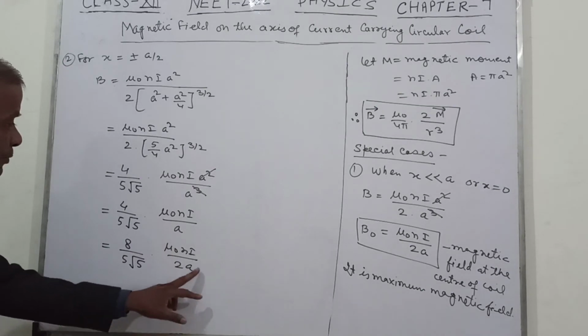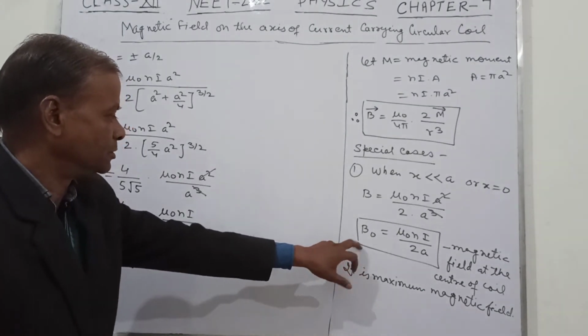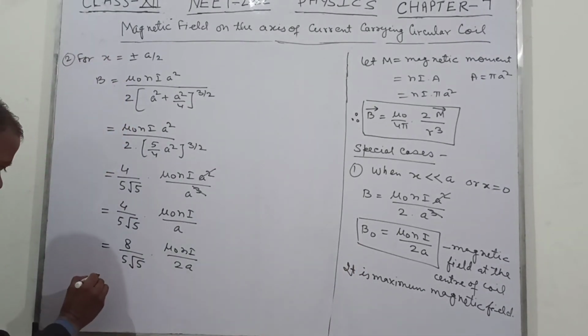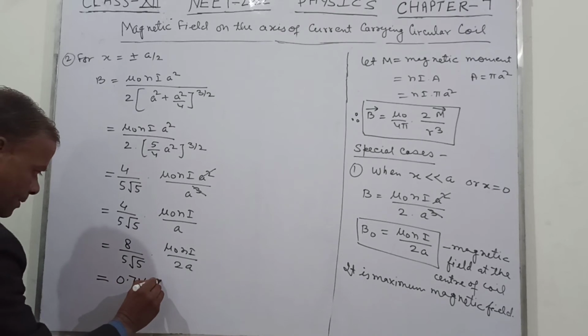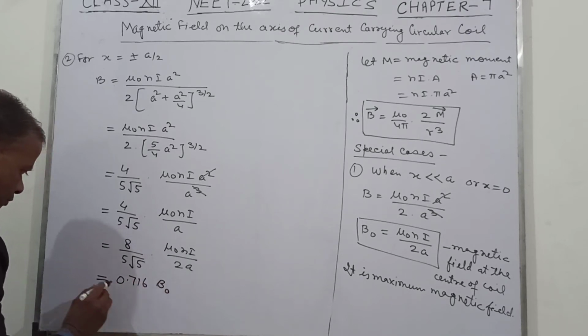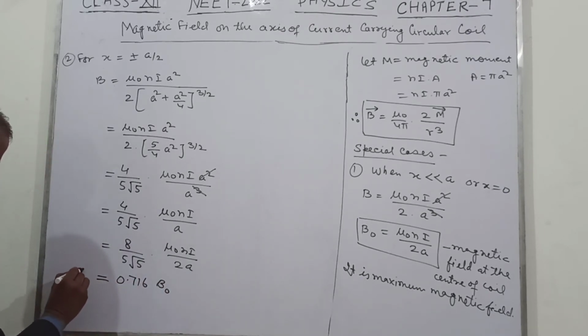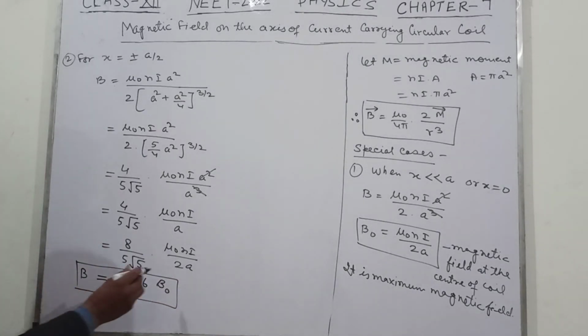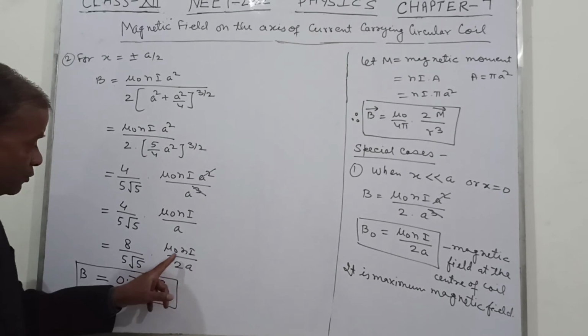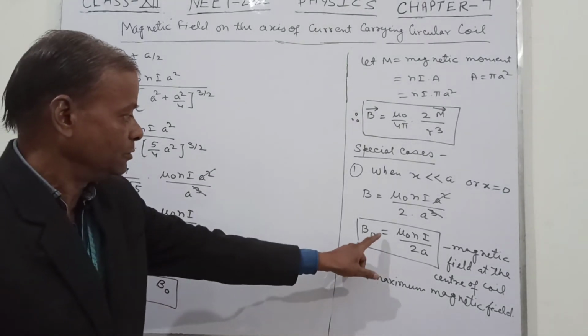So mu naught n I upon 2a is equal to B naught. If we put in the value, this comes out to be 0.716 into B naught, where B naught is mu naught n I upon 2a.